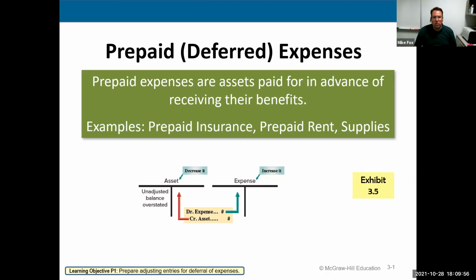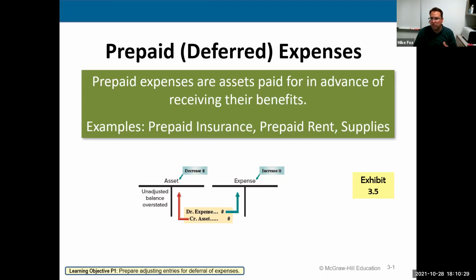So the first is what's called a prepaid or a deferred expense. This is where we pay for an expense, but we haven't yet incurred the expense. We're going to incur the expense in the future. Every time we deal with one of these prepaid expenses, when we initially make that entry, we're going to debit an asset, usually called prepaid rent or prepaid insurance.